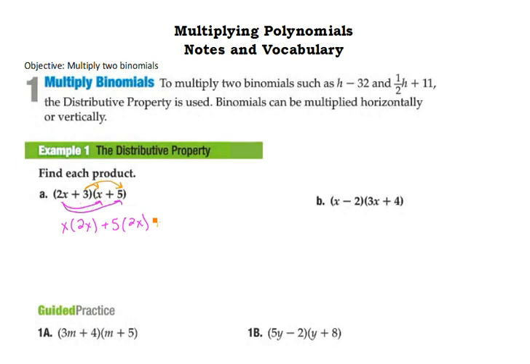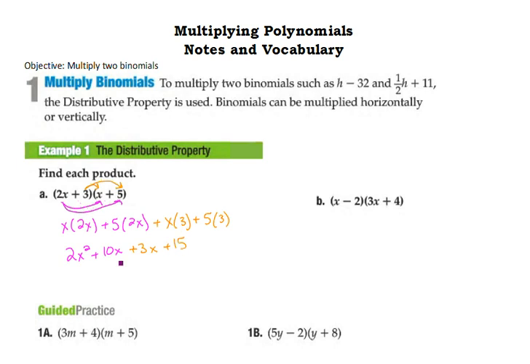Now we are multiplying a 3 by the x and the positive 5 of the second term. Simplifying that down, 2x squared plus the 10x. Again, I'm going to flip-flop these. I'm going to make it a 3x, a positive 3x, and a positive 15.